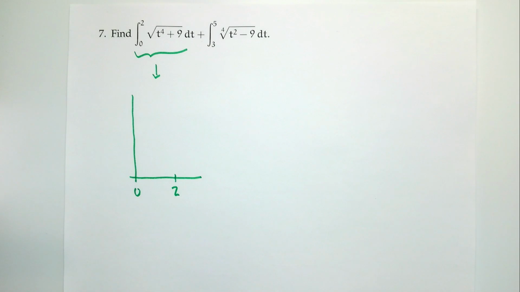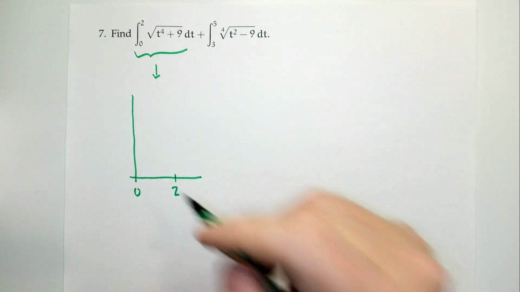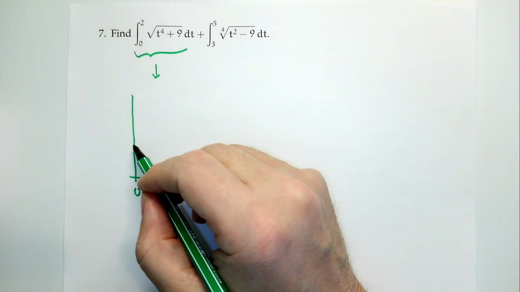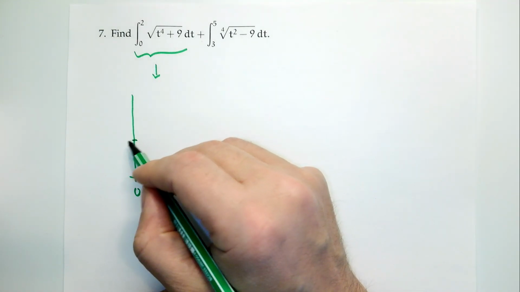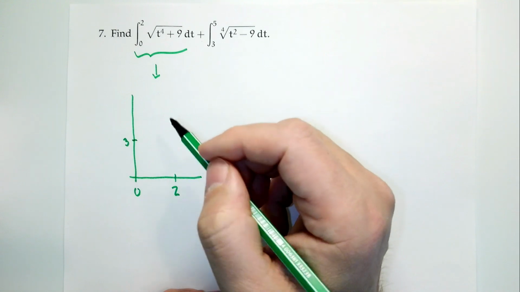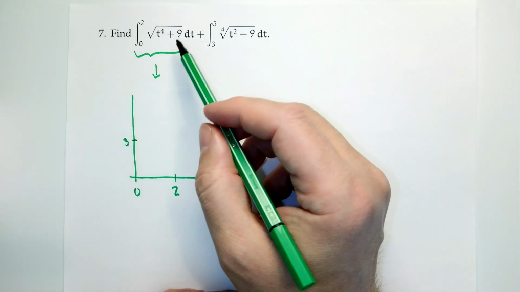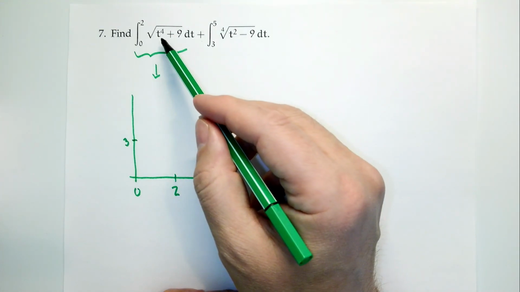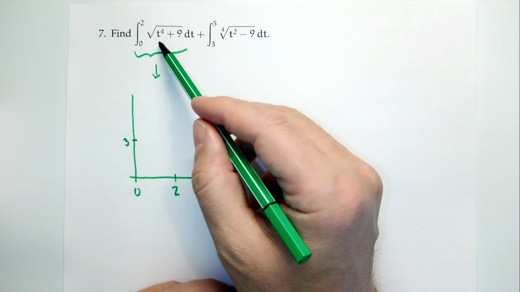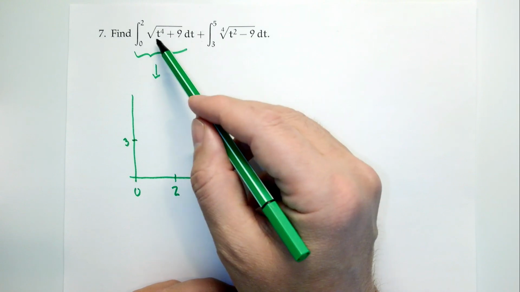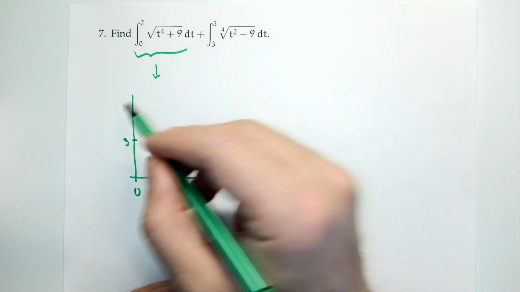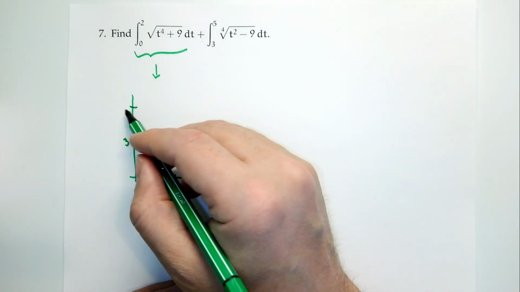All right, so, well, what do we have? What are we at 0? Well, at 0, plug in, we get 0 plus 9, so that's 3. How about at 2? 2 to the 4th would be 16, plus 9 would be 25, right? The square root of 25 is 5. So 3, 5.